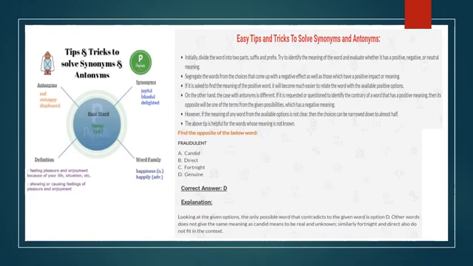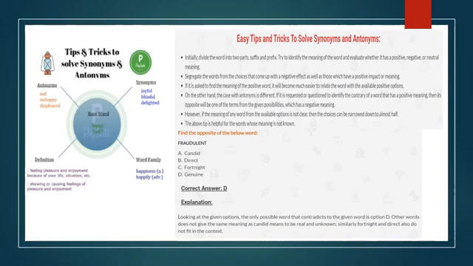Now let's see one example here. Find the opposite of the below word: fraudulent. Now fraud, you are familiar with the word fraud; fraudulent, you have to find out whether it is related to that. Candid, direct, fortnight, genuine. These are the options, and you have to find out the antonym.